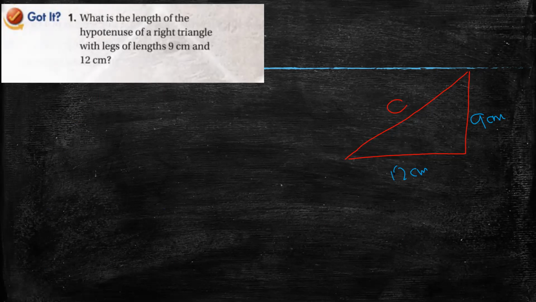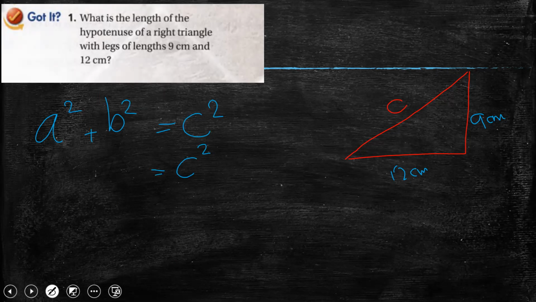Let's go to the Pythagorean theorem. A squared plus B squared equals C squared. C is unknown. I need to find it. I have A, which is 9 squared, and I have B, which is 12 squared, equal C squared.